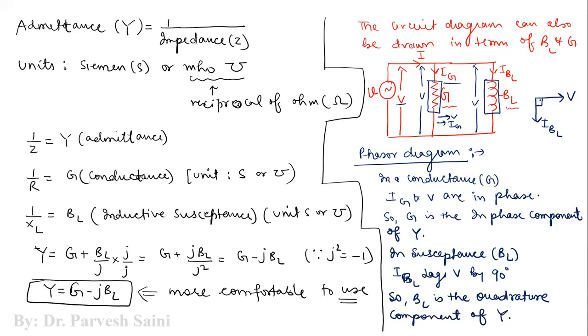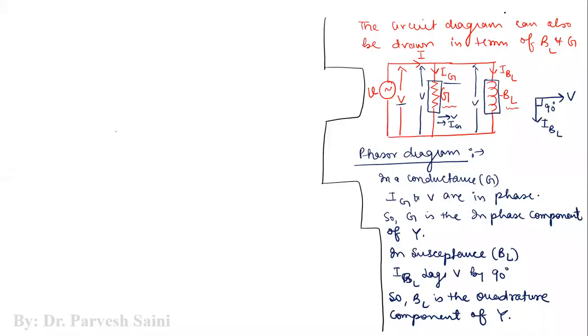Like you can see, it is a quadratic formation. 90 degrees lagging from V, so it is a quadratic formation. So now let us draw the phasor diagram here. So we have, in this conductance, V and IG, both in the same phase. Here we have V and IBL, 90 degree phase difference.